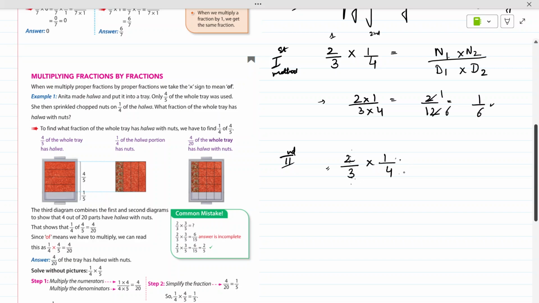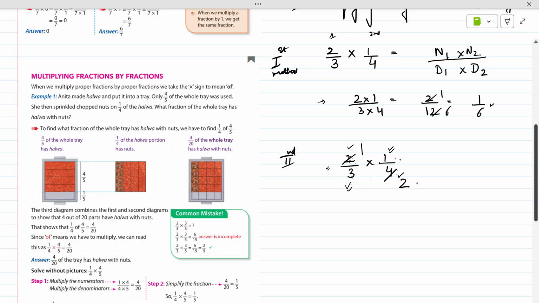Now we will see whether we have any common factors between the numerator of the first and the denominator of the second, or the numerator of the second and the denominator of the first. Okay, so in this case we know that we have 2 as a common factor of both 2 and 4. So let us do this. 2 divided by 2 is 1, 4 divided by 2 is 2.